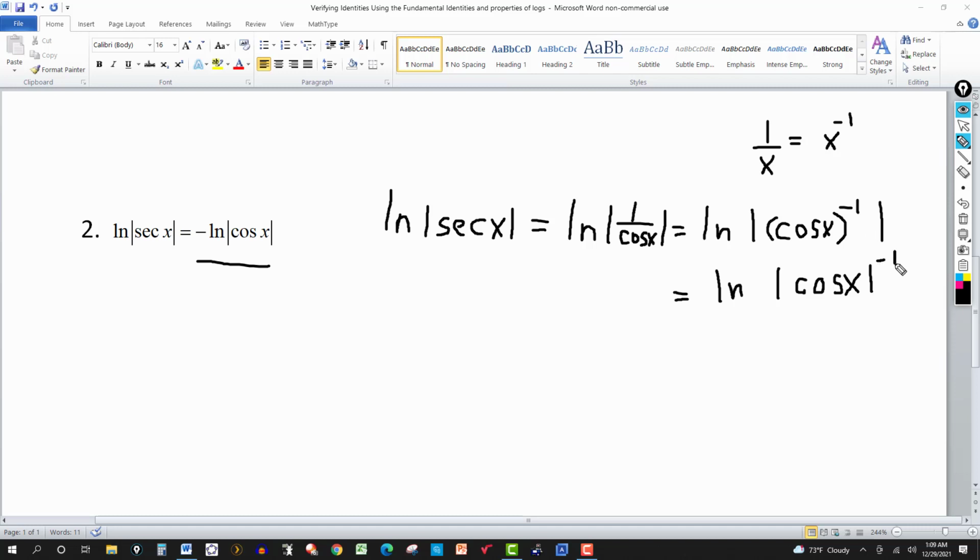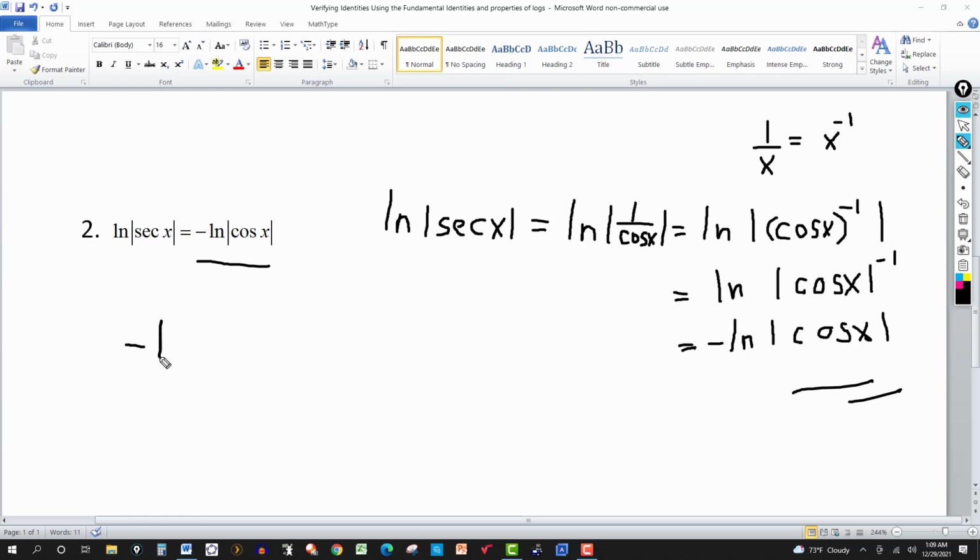It's the same thing. And now I can use the property that I used earlier. If I have a natural log of some number to a power, I can take this power and put it out as a coefficient. So the negative 1 multiplies the log in front, becomes a coefficient. So I can put a minus 1 or just a minus as it is over here on this side. So this becomes negative natural log of the absolute value of cosine of x. And that confirms it.